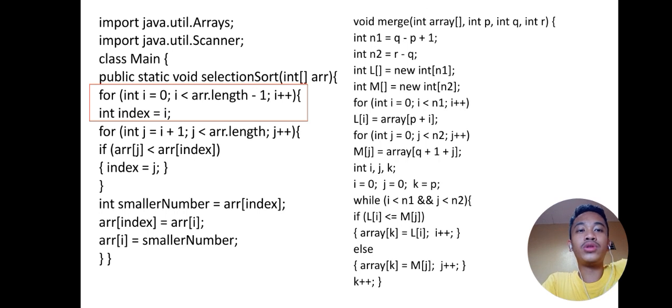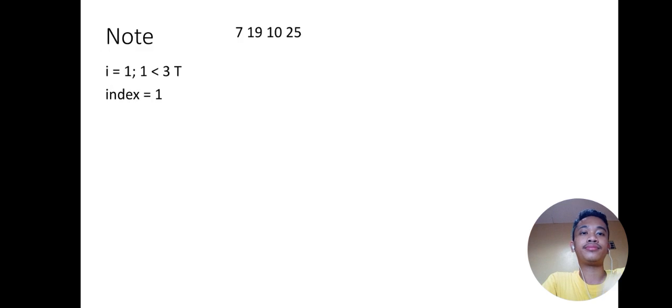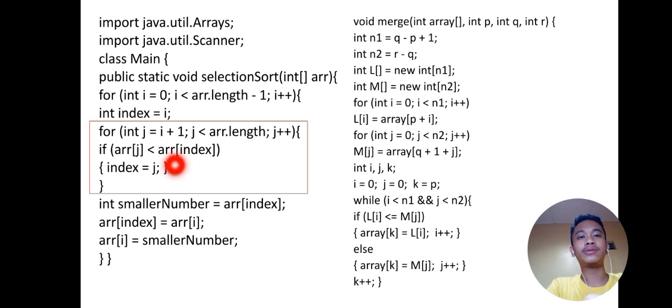Next, it will loop again, since the condition right here is true. So increment the value of i, that would be 1, and index is equals to 1 right here. Next, perform our inner loop again.